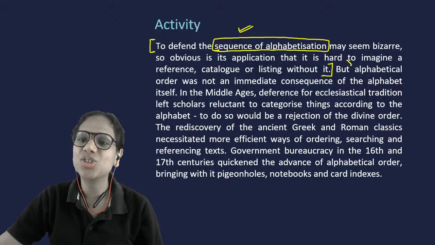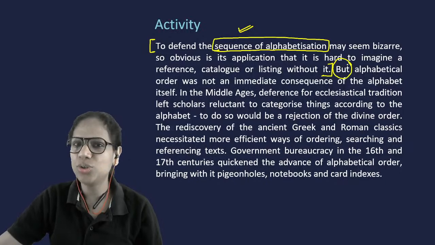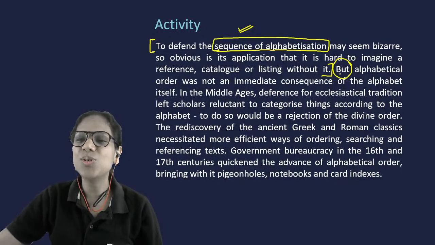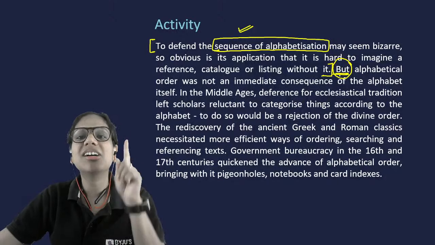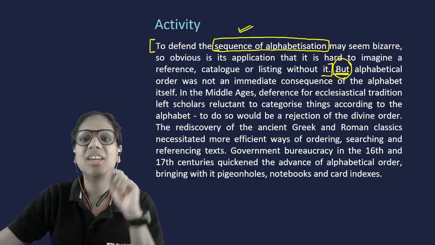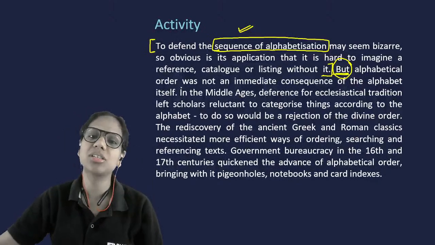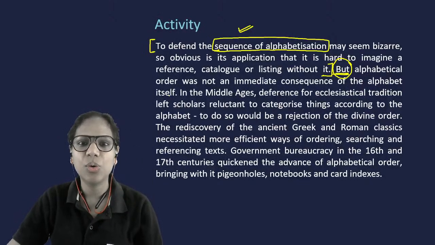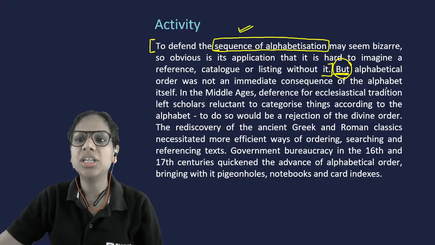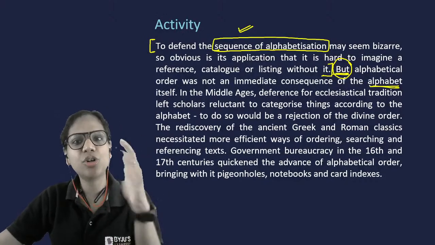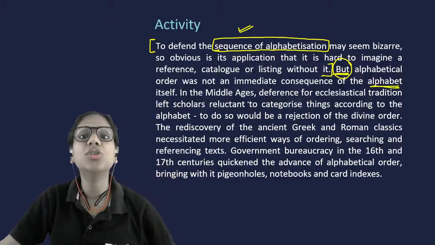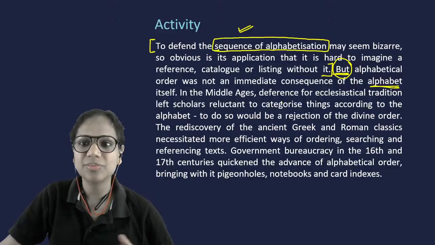Now look at the transition word but. I told you that we should focus on it. So this gives me a key idea, an important point in the paragraph, that it was not an immediate consequence of the alphabet itself. It wasn't that we invented the alphabet and we adopted the order also right away. No, that did not happen. Then what happened?